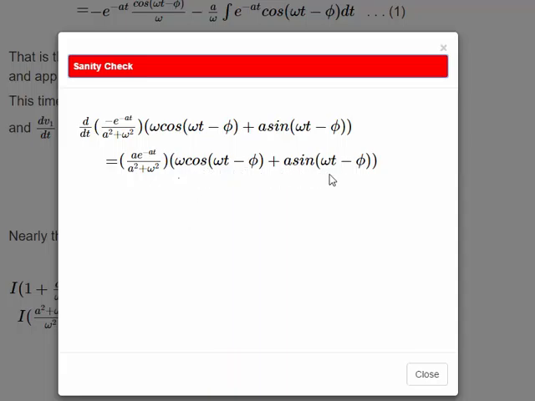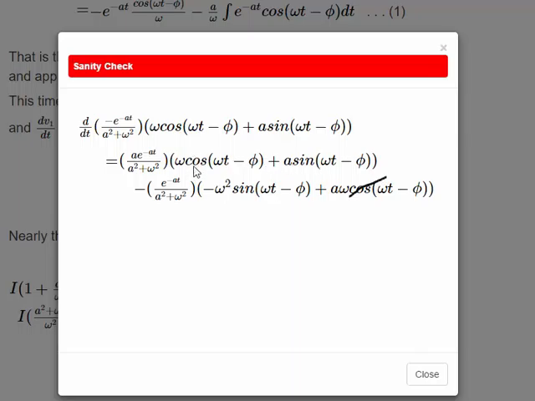Then we'll differentiate the contents of the bracket, so we'll get minus omega squared sine omega t minus phi plus a omega cos omega t minus phi. We have an a outside of the bracket here, so we're going to get a omega cos omega t minus phi, and we have a minus outside this bracket here, so that will give us minus a omega cos omega t minus phi.